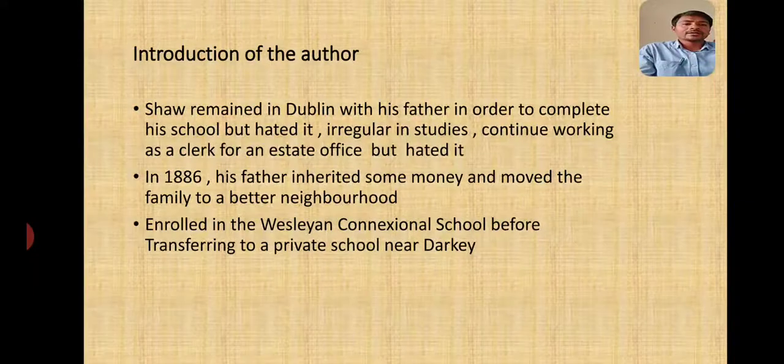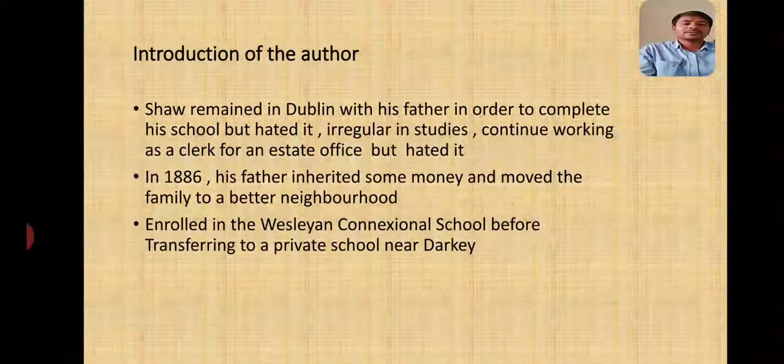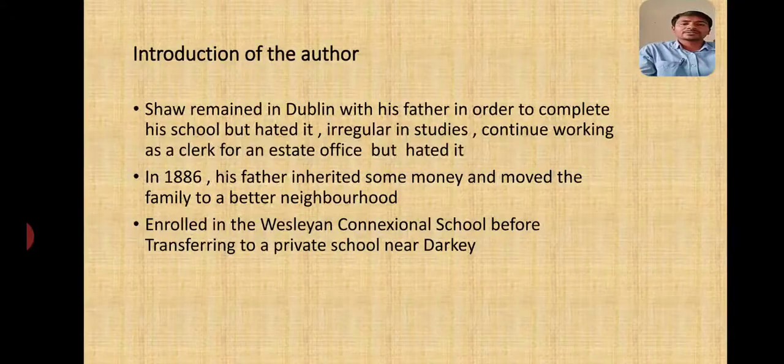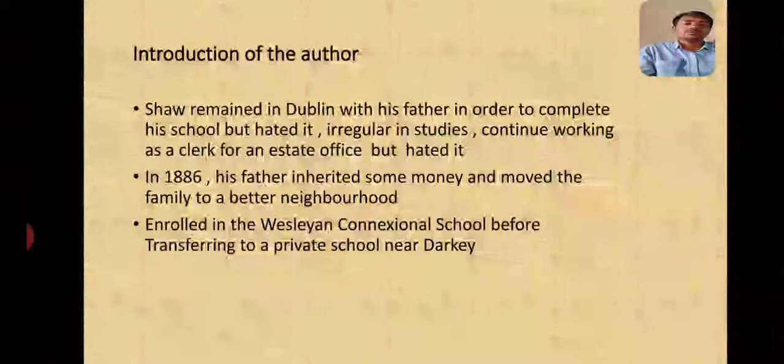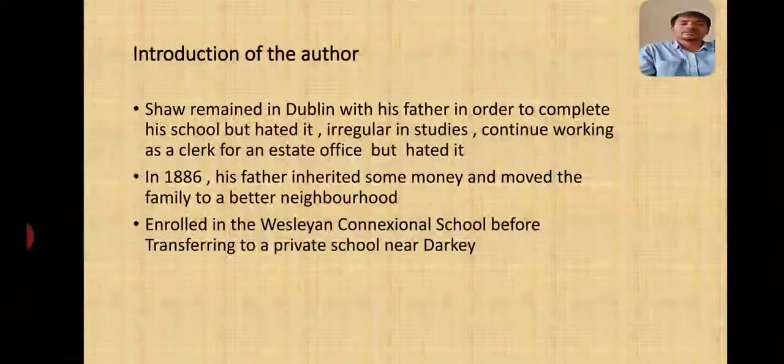He was irregular in his studies and he continued working as a clerk in an estate office, but he also hated this. In 1886, his father inherited some money and moved the family to a better neighborhood.